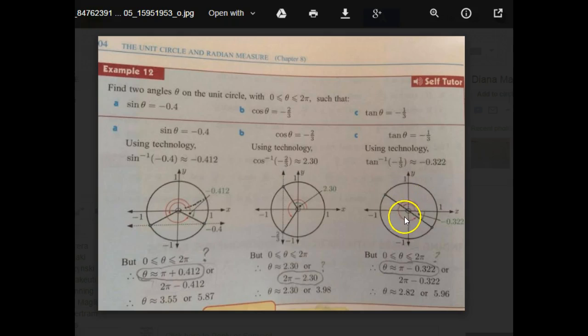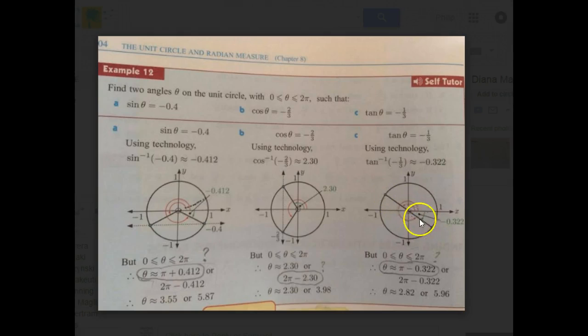Now, maybe the tangent is the trickiest one. Tangent has the second angle with the same tangent value in the completely opposite direction. You can see that this one's pointing this way, this one's pointing this way. It's not a reflection about the x-axis, it's not a reflection about the y-axis. Actually, this is a reflection about both axes. First you reflect about the y-axis, it ends up here.